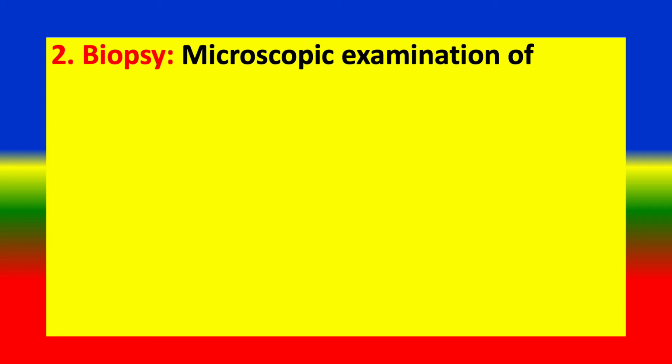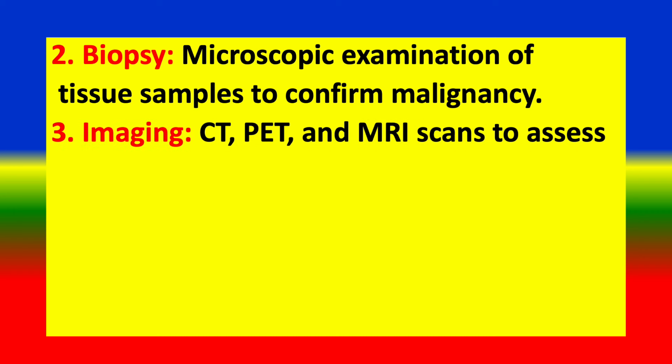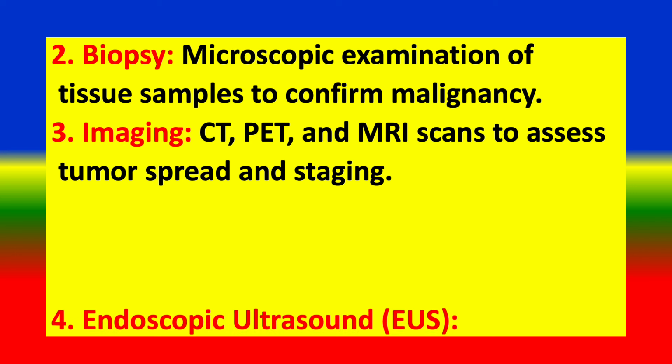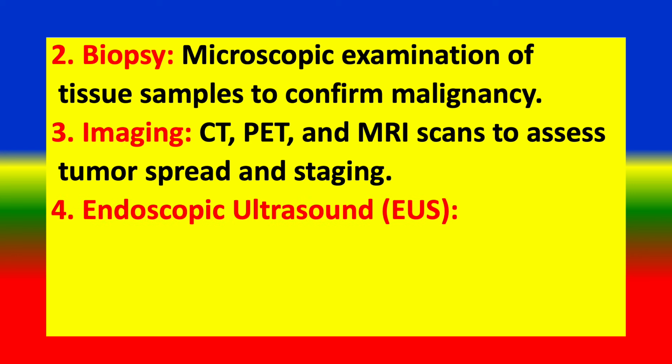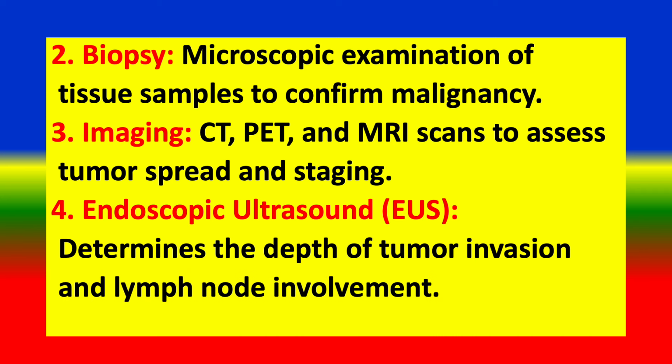Biopsy, microscopic examination of tissue samples to confirm malignancy. 3. Imaging, CT, PET and MRI scans to assess tumor spread and staging. 4. Endoscopic ultrasound, determines the depth of tumor invasion and lymph node involvement.